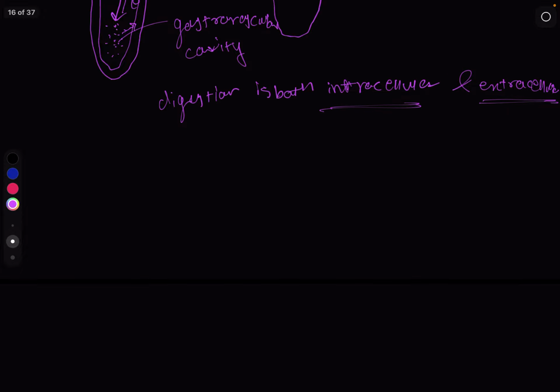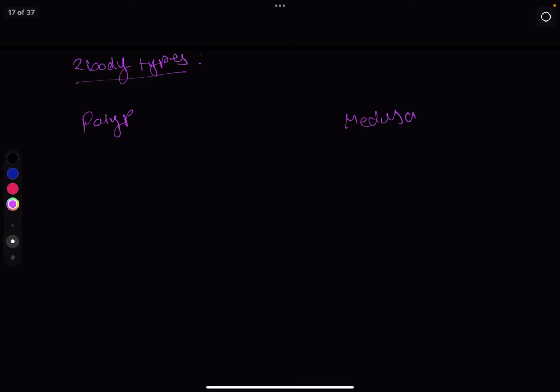Now we talk about a very important thing, which is the two body types found in Cnidarians. The first one is polyp and the second one is medusa. The polyp you can think of as a cylinder, and medusa you can think of as an umbrella shaped.